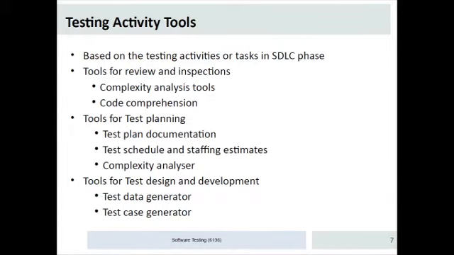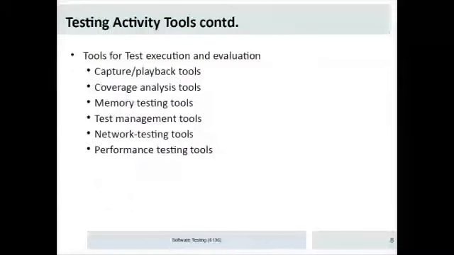The requirement information is captured in the requirement management tool, and the test cases can be generated with the information provided by the test engineer regarding the previous failures and based on the knowledge of historical figures. Next one is tools required for test execution and evaluation.